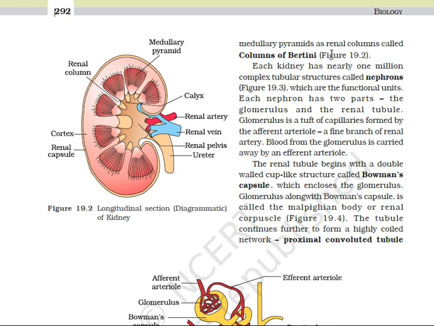And when it is leaving the Bowman's capsule, it leaves by the efferent arteriole. Then I would like to give you the answer to the question which I asked you: name the passages in sequence through which urine passes from the kidney to outside in human beings.